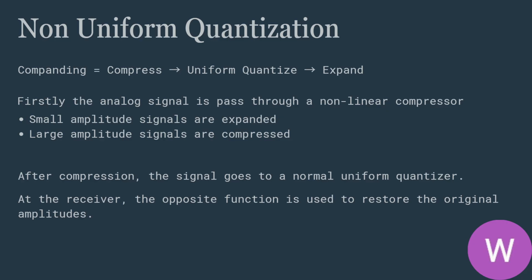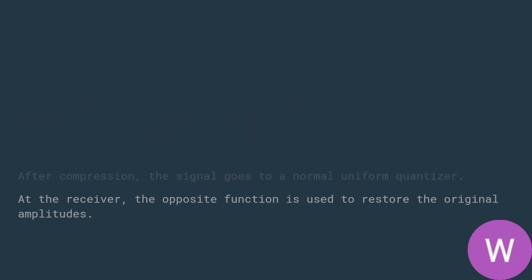Firstly, when we receive the analog signal, it will go through a nonlinear compressor. The signals that have small amplitude will be expanded and the signals with large amplitudes will be compressed. After the compression, the signals will go to a normal uniform quantizer. At the receiver, the opposite function is used to restore the original amplitudes.